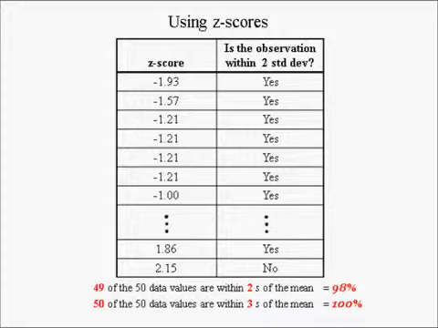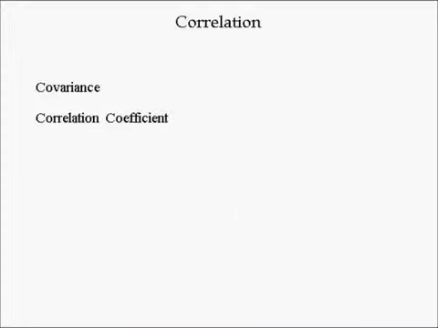The empirical rule says nearly all of the observations are within 3, while Chebyshev's theorem says 89% of the observations are within 3. None of the observations in the Hudson Auto Repair sample data are outliers because the largest z-score in absolute value is 2.15, which is less than 3.